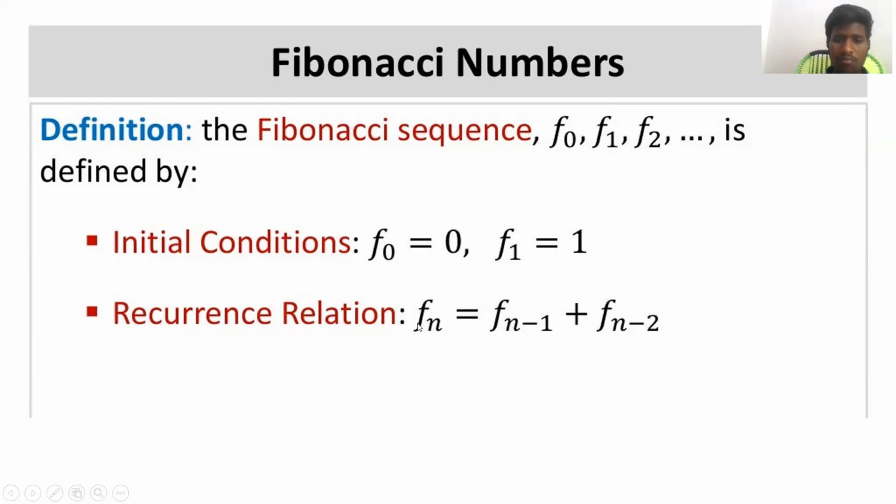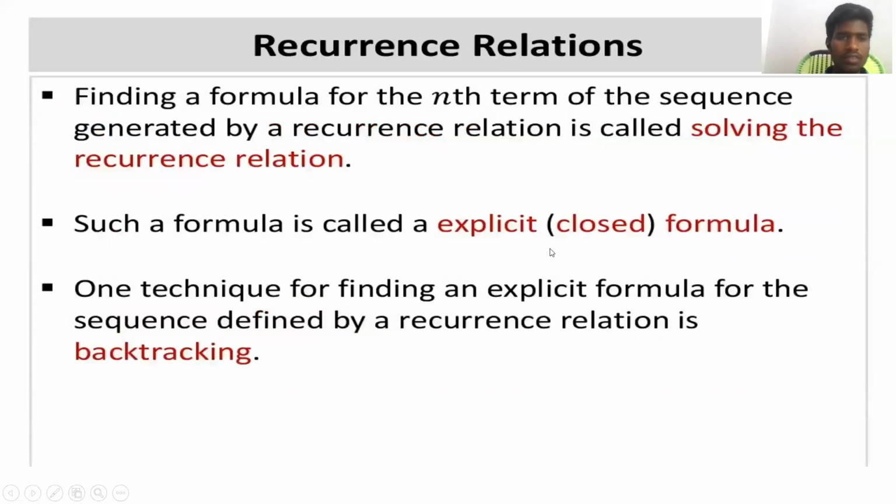Then the recurrence relation for the Fibonacci sequence is f_n equals f_(n-1) plus f_(n-2). If we want the f2 value, we add 0 plus 1. If we want the f3 value, we add f1 and f2. Adding the previous two values, we get the present value.